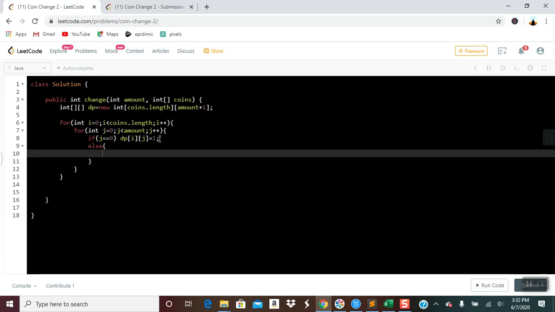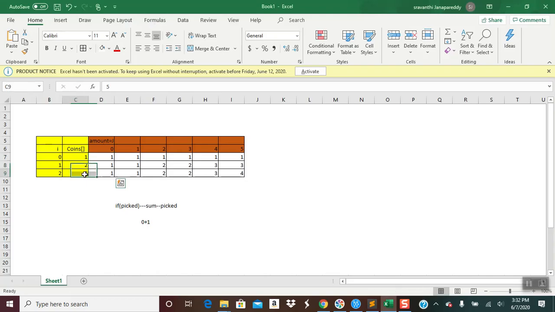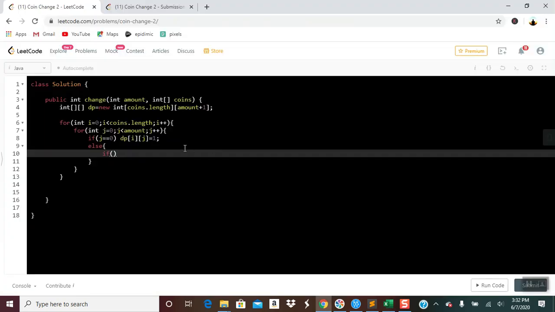Else what we have to do, if the condition we've discussed, if you look at here, let's say 5, whenever the coin value is greater than this one, then simply pick the previous one.